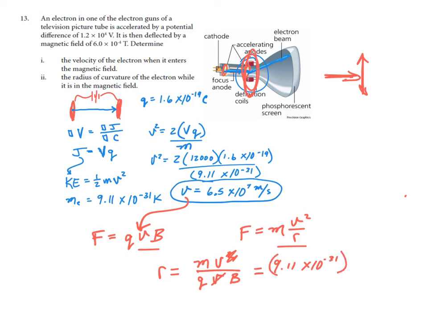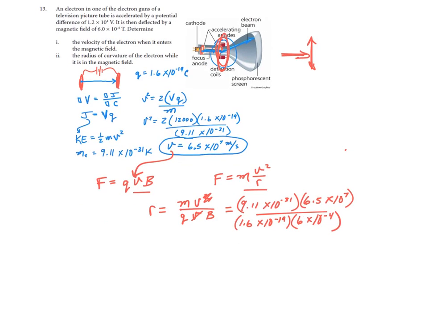The velocity, which we've just figured out, 6.5 times 10 to the 7. Divided by the charge of the electron, 1.6 times 10 to the minus 19. And the strength of the field given as 6 times 10 to the negative 4. All right, let's punch that in, see what we get.